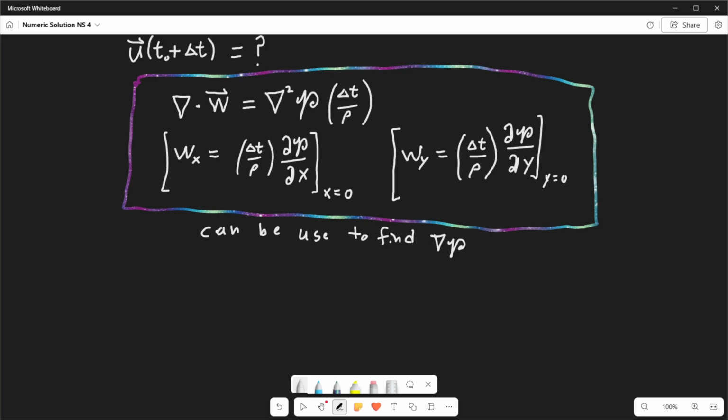So the W vector plus, actually this is plus the negative of the gradient of P, or minus the gradient of P, equals the U at the next time step.